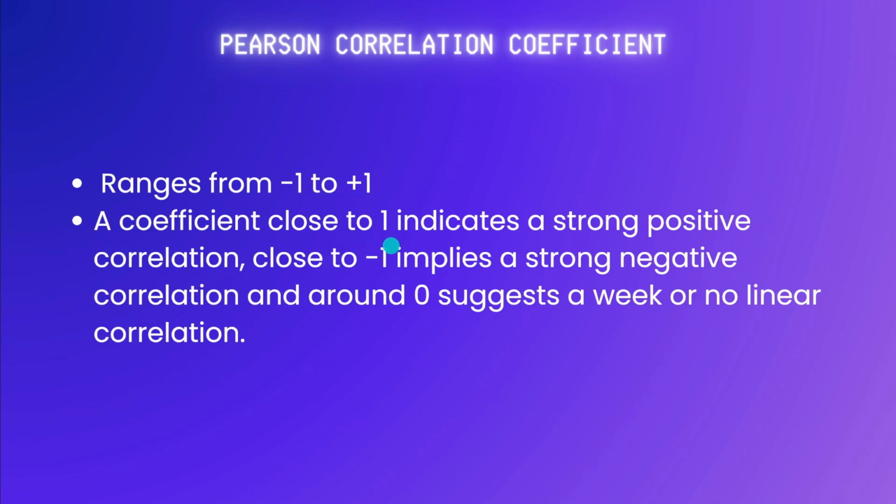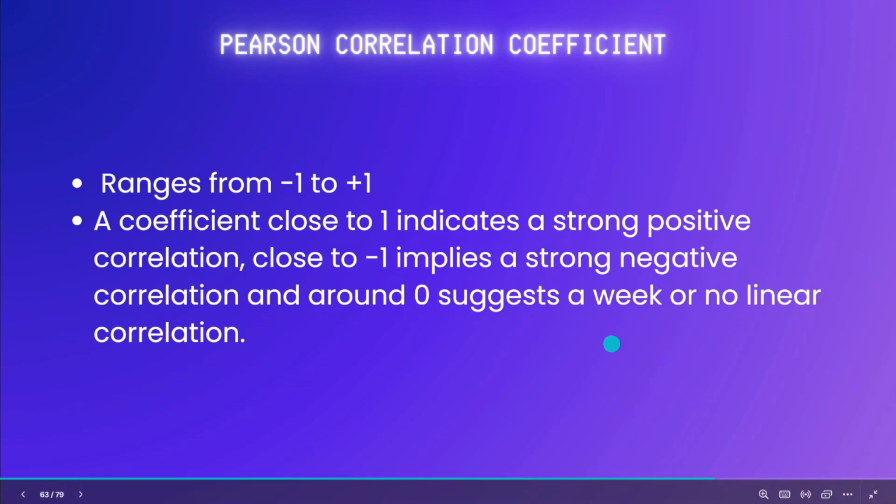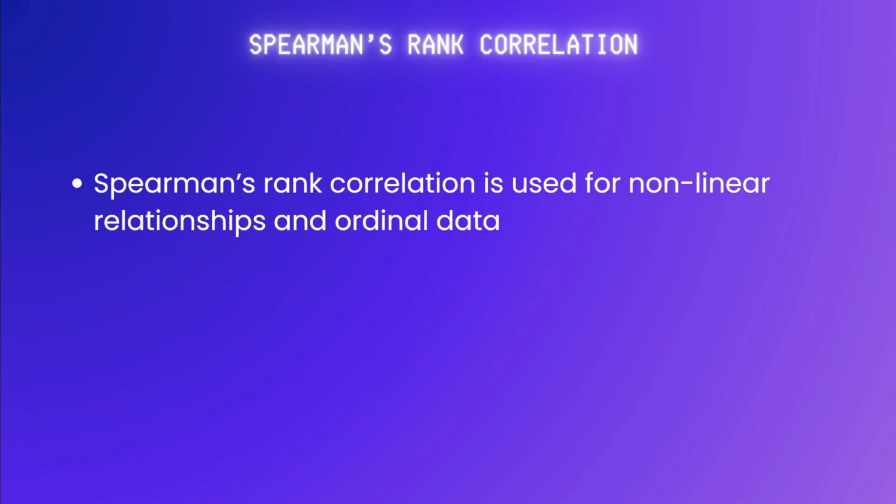Here, a coefficient close to 1 indicates a strong positive correlation and close to -1 indicates a strong negative correlation. And around 0, it suggests a weak or no linear correlation. Spearman's rank correlation is mostly used for non-linear relationships and ordinal data.